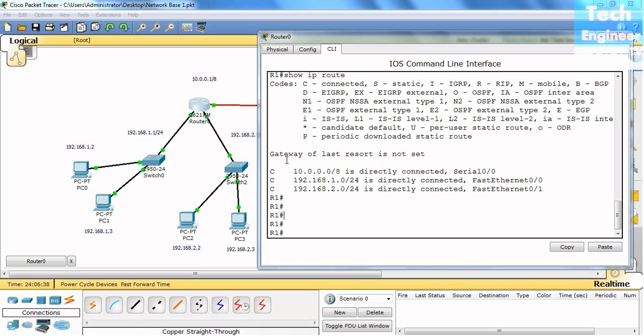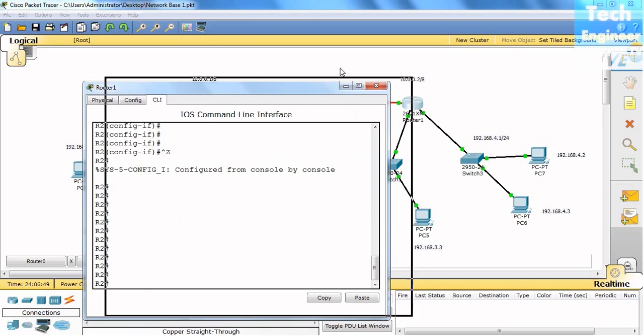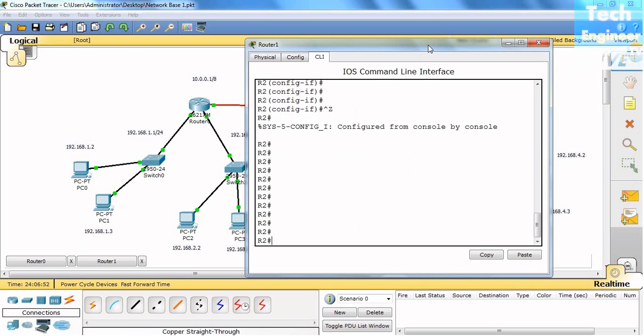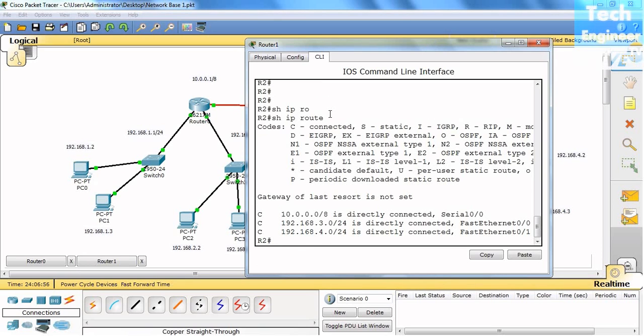So this router is connected via a serial port and a FastEthernet port, with their IP ranges respectively. This other router also has a serial port and a FastEthernet port and has some range.